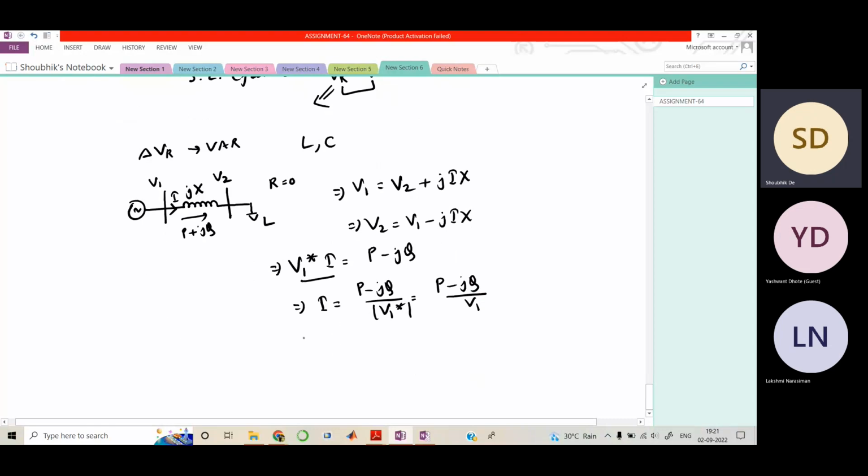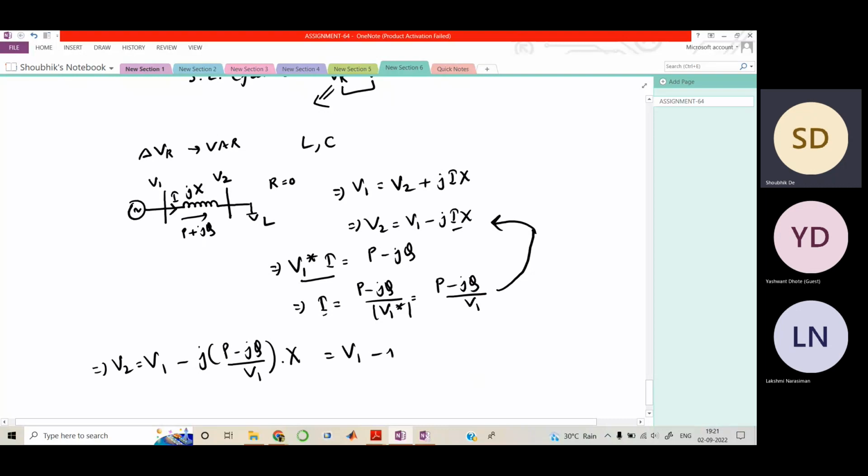Now if I substitute this in the equation, V2 equals V1 minus jX times P minus jQ by V1.